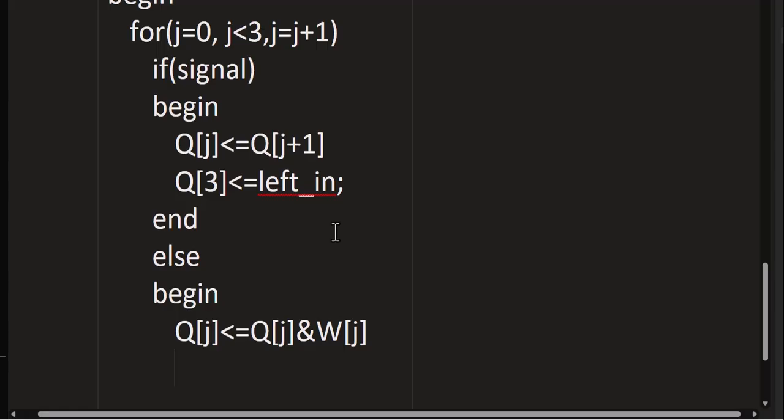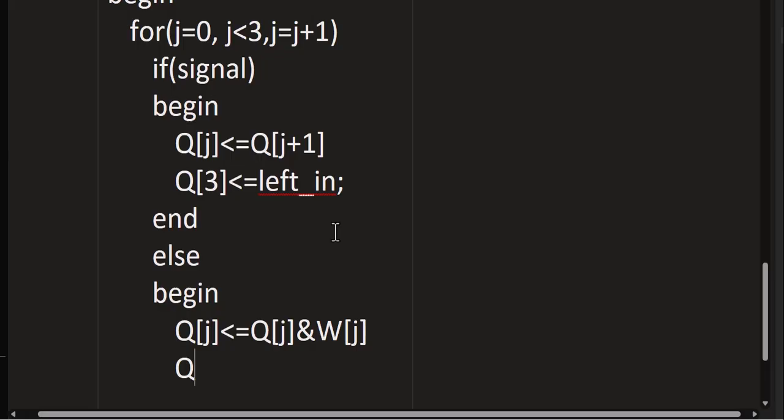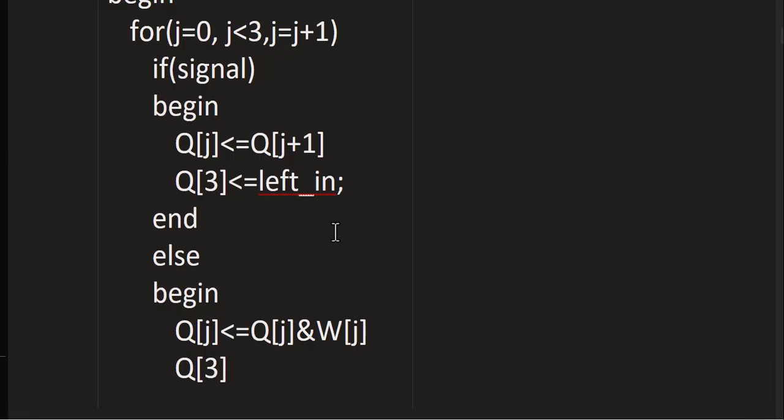And then this really, I told you that I realize I do something kind of weird every time. It's weird that I'm doing Q3 all by itself, but that's because it's not in the for loop. I'm just doing it separately because it's not in the for loop. Q3 becomes equal to Q3 and W3.